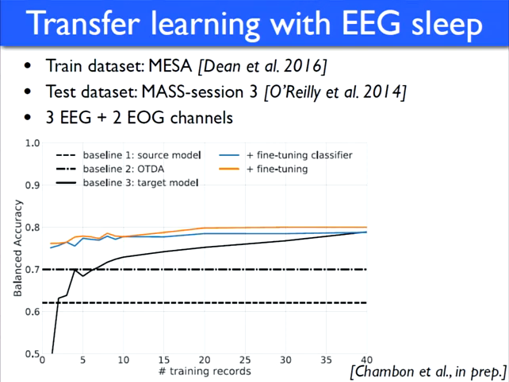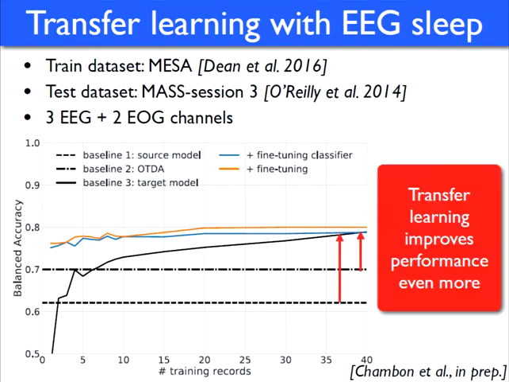What you see is what you had in the cartoon picture: if you start from the pre-trained network, you start much higher, and you eventually reach a higher value. The orange one is a bit higher than the black one. So by using this pre-training and doing some adaptation, you can do better. But again, for this to work, you need some labels on the target domain, which you may not have in all applications.